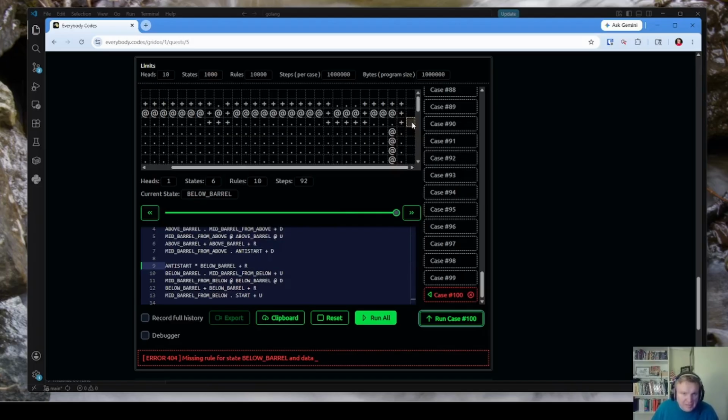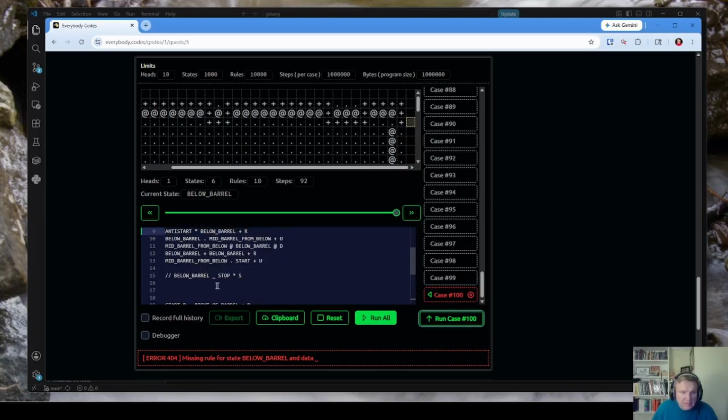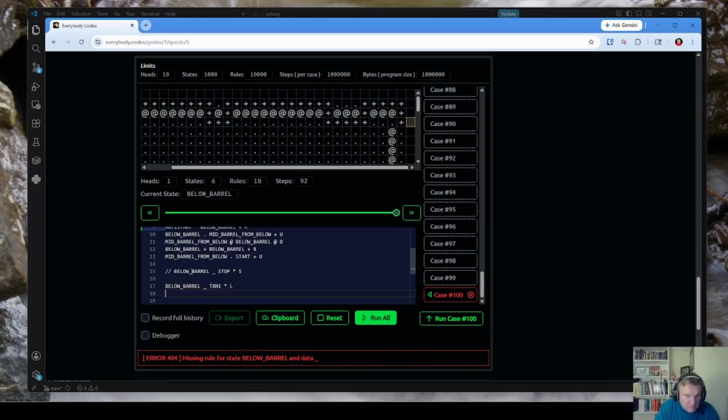So we went here, we got to that. Okay, so mid barrel from right.